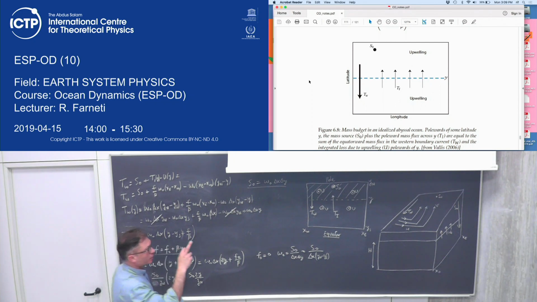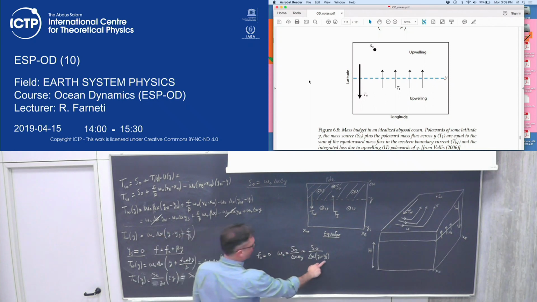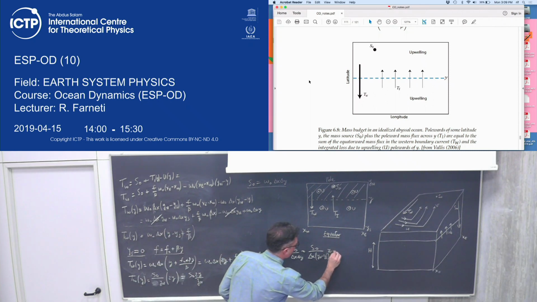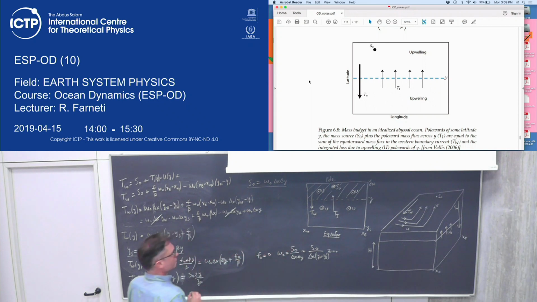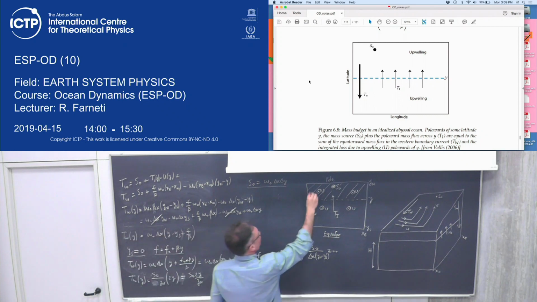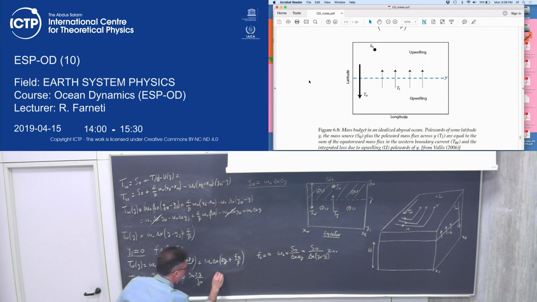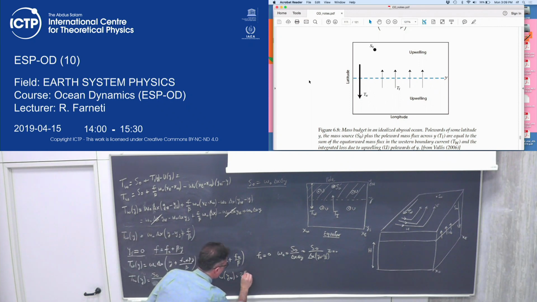So what is happening at the north? We said that y south is equal to 0. And if we set this western transport at the north, so the western transport as a function of y at y north is going to be equal to twice the injection.